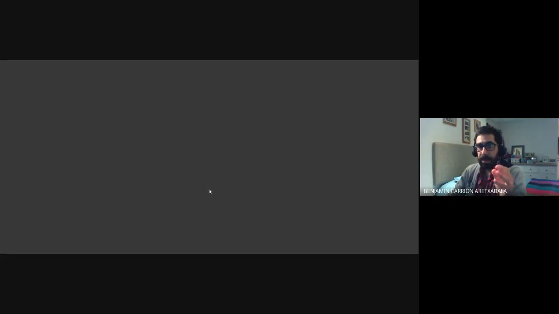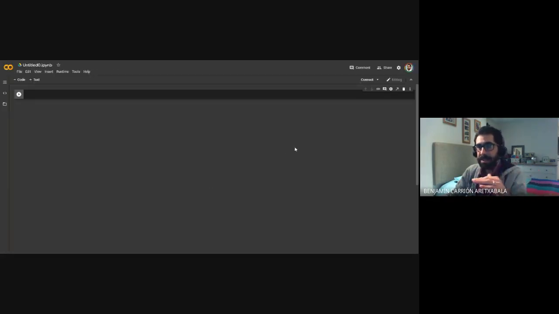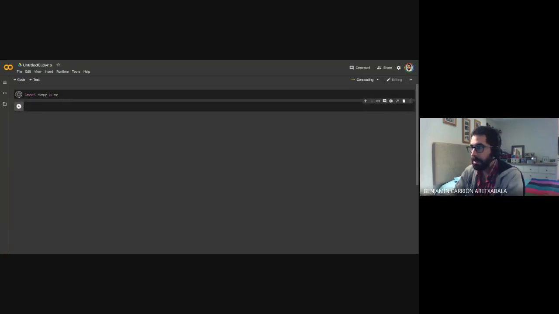And a notebook is nothing more than a lot of cells that execute Python code. I understand that all of you know how to code in Python, so this is just to show you very briefly. This interface is basically a Jupyter notebook that you run on Colab. So let's say you do your typical import: you import NumPy as np, and then you execute that cell.